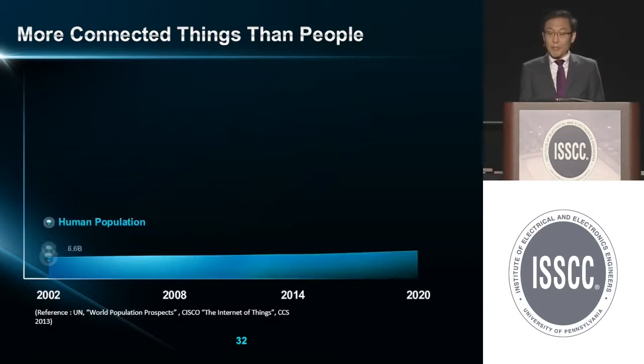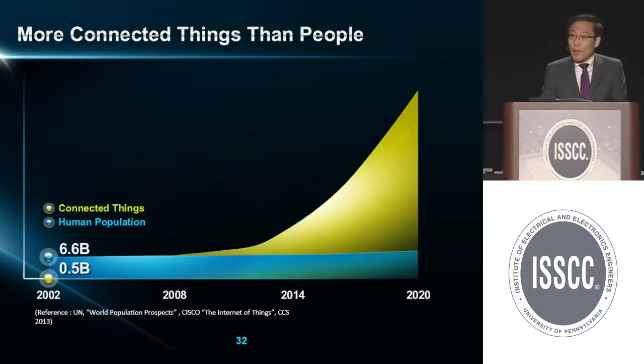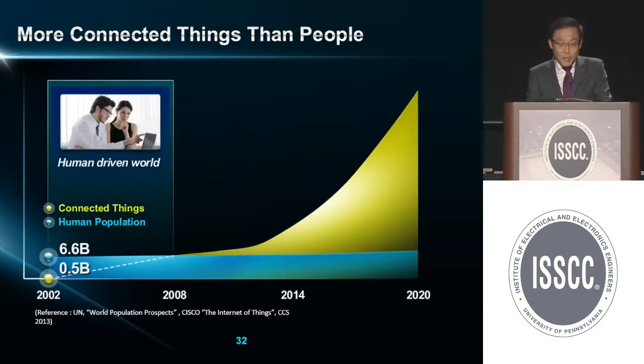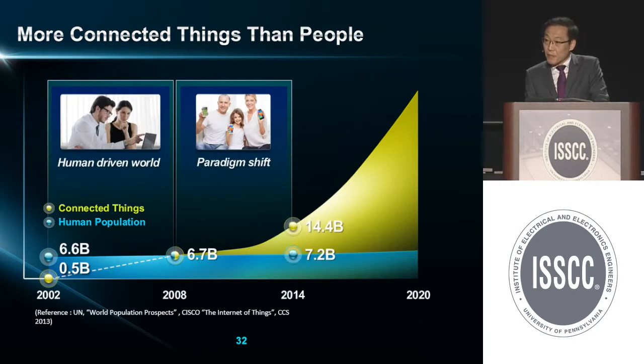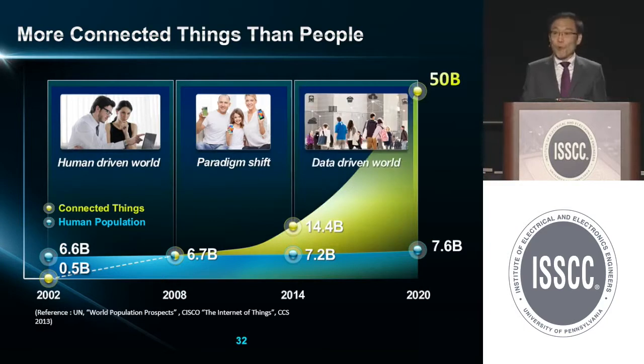As you can see on the screen, in 2002, when the world population was 6.6 billion, the number of connected things was about 500 million. By 2008, the number of connected things surpassed the population. By 2020, there will be more than 50 billion connected things. All these connected things will generate a lot of data, some of which will end up in data centers.